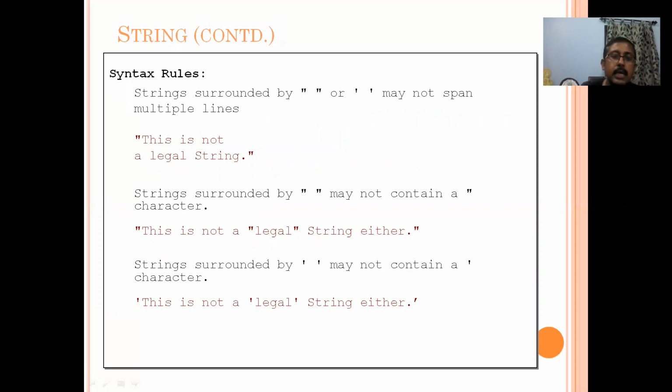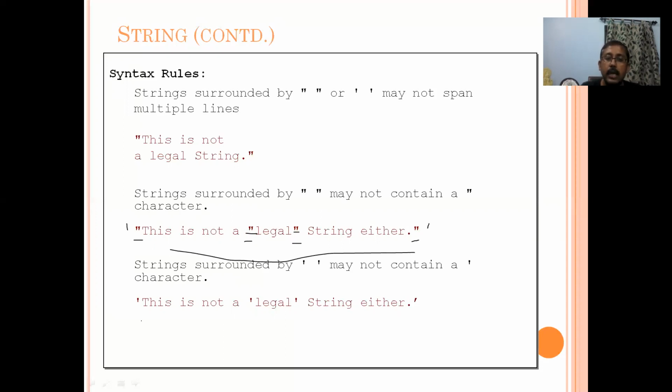One option, as I have already mentioned, is to give 2 single quotes, and within that I can include a set of double quotes. But if I give 2 double quotes and within that give another 2 double quotes, this is an illegal operation. I cannot do it this way.